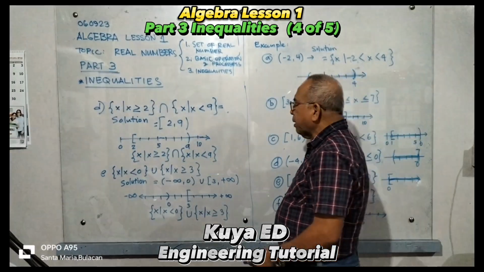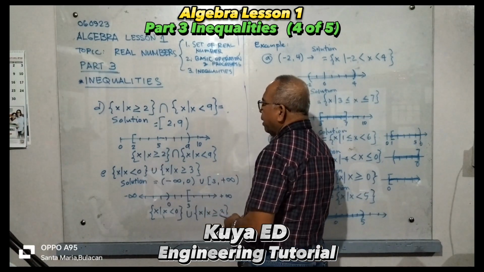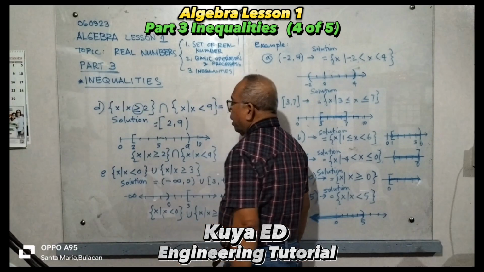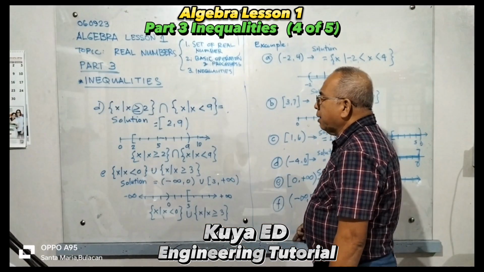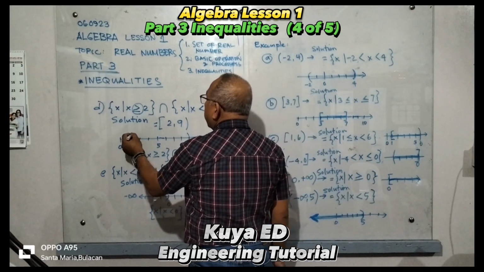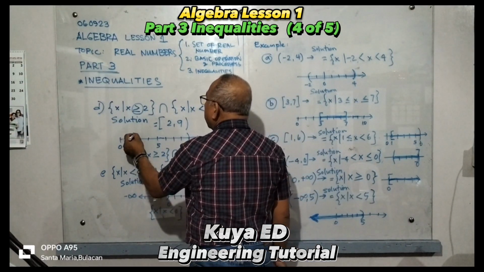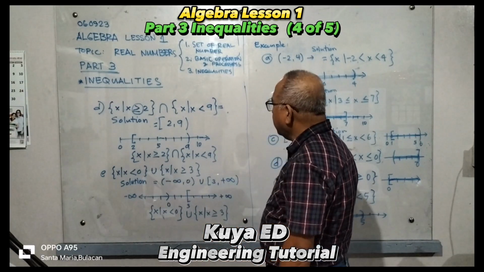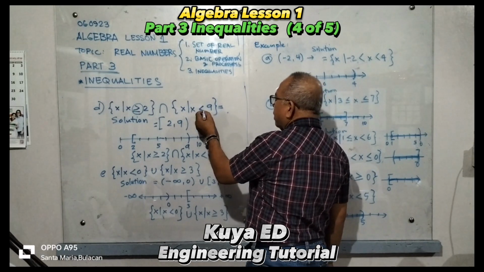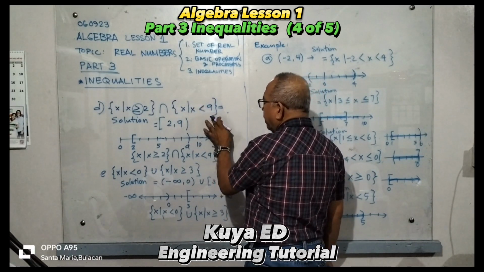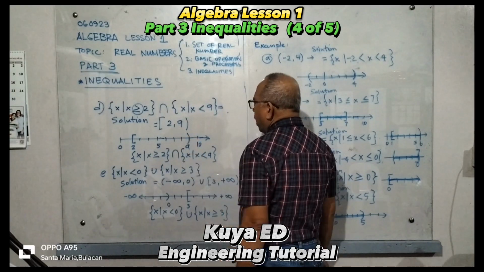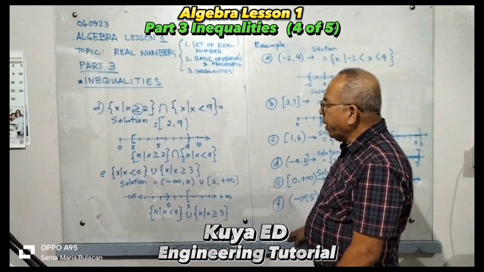That's why when we plot this, okay, since ang nakalagay dito ay greater or equal to 2, so we put here a bracket. Then since sa other side is less than 9, so we put the parenthesis considering that it is open.